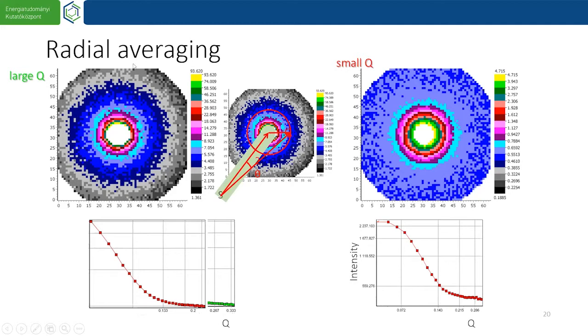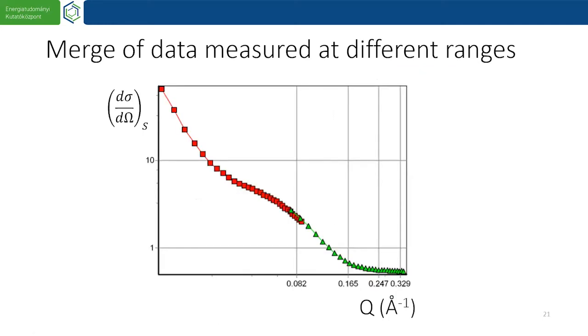So we do this radial averaging separately for the large Q range and for the small Q range. The scattering patterns differ, and in the end we try to merge the data. So we shift or multiply them by the necessary factors, and finally we get some overlap between the two data sets. This overlap here is not too high. Usually it is better to have some 4 points falling on the curve, but for simple systems this is sufficient.